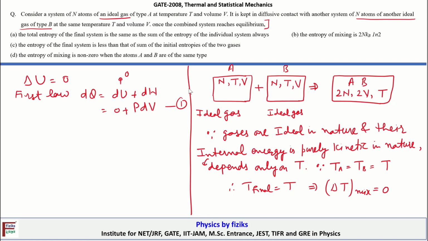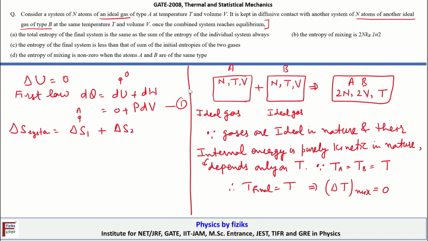Now the entropy change for the composite system will be equal to the entropy change for system A plus the entropy change for system B. So the net entropy change for the composite system is delta S system, which is equal to delta S1 plus delta S2.